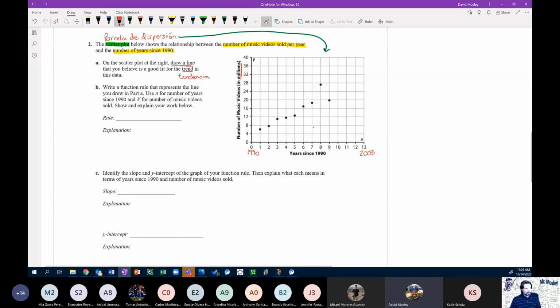So here's my first question for you. Is this graph increasing or decreasing? It looks like it's increasing, except till the very end. A little bit.